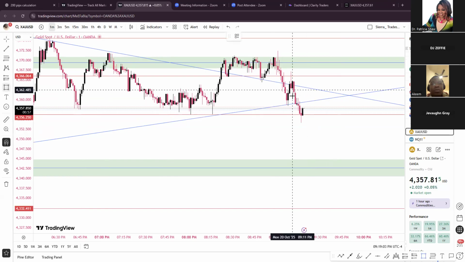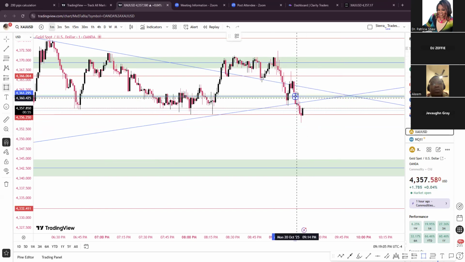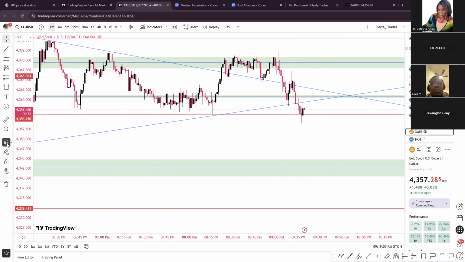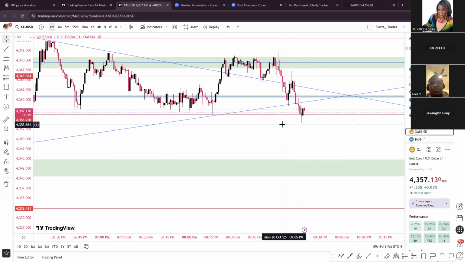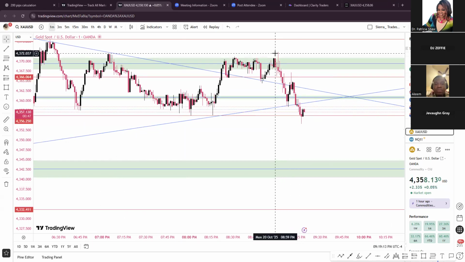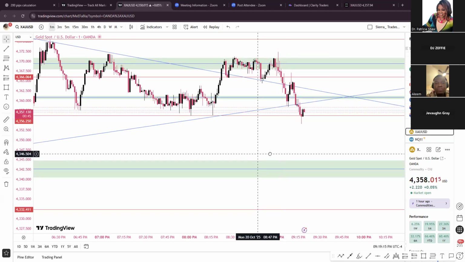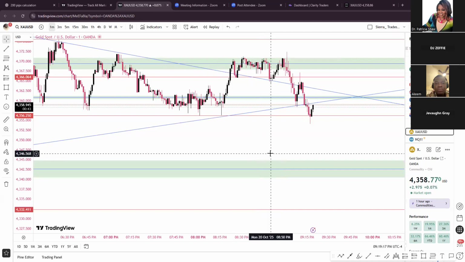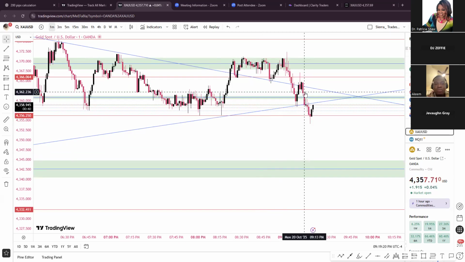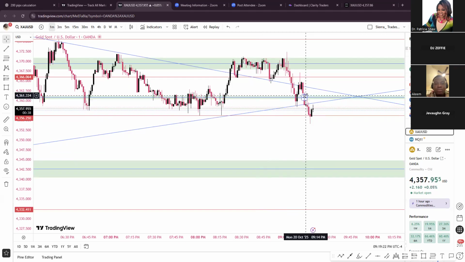Look for this gap here on your broker. And if price makes its way back into here and rejects, then you can enter for some sales. So this gap right here is on the 1 minute.